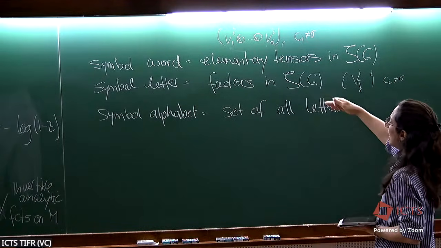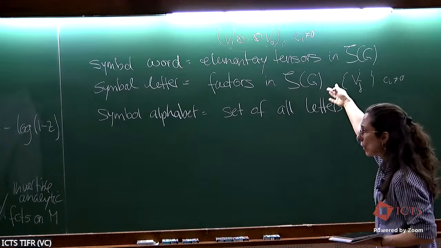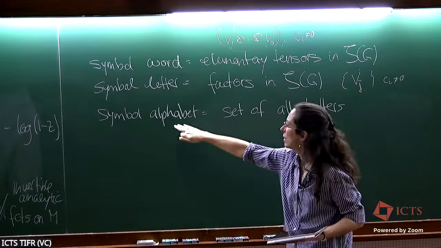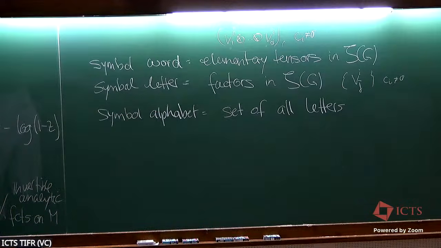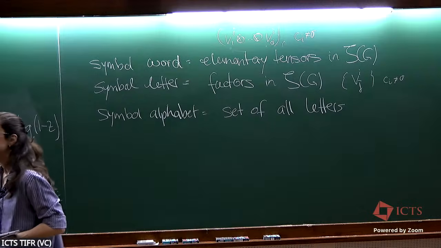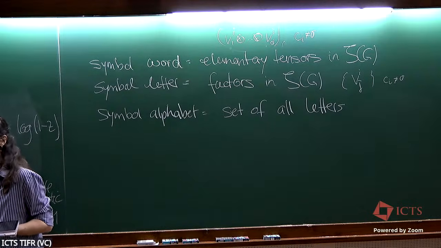And then there are some relations also happening here, so this is not unique. The shuffle algebra structure I have on the space of functions induces a shuffle product here, and that gives me relations between the expressions.